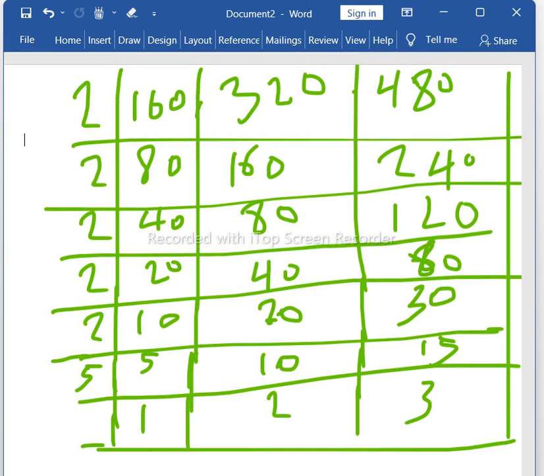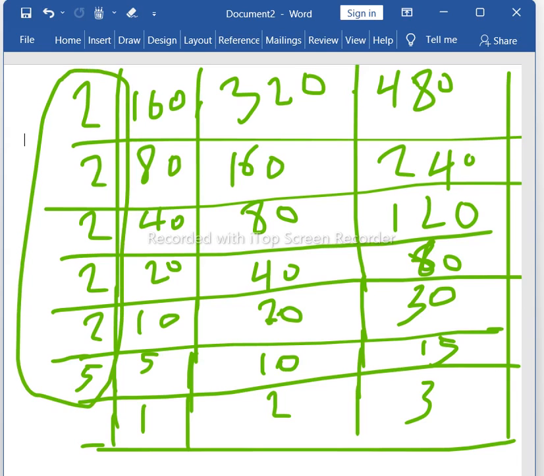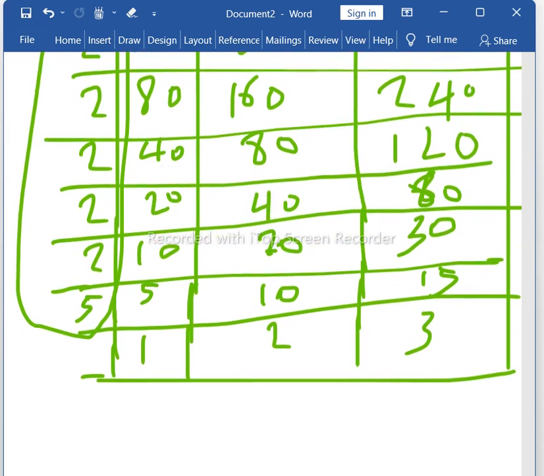We take this row and multiply each other. Let us multiply. We have 1, 2, 3, 4, 5: we have five 2s and a 5.